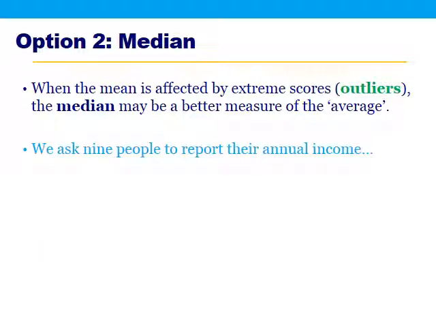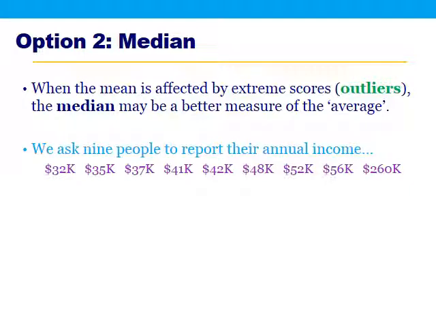Imagine that we survey 9 people and we ask them to report how much money they make in a year. And here are the numbers that we get. So the first person says I make $32,000, one person makes 35, one person makes 37, and so on, all the way up to one person who makes $260,000 a year. Now, if we took the mean of those 9 numbers, we would say that the mean income is $67,000.